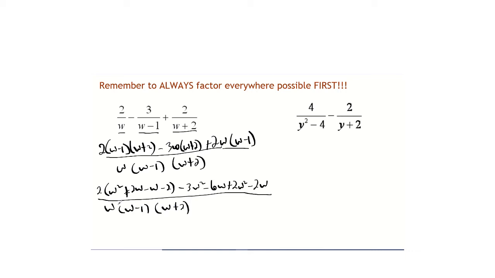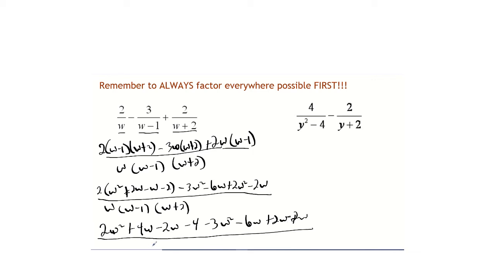I've got to multiply each of these by 2, so I've got 2w squared plus 4w, take away 2w, take away 4, take away 3w squared, take away 6w, plus 2w, oops, minus 2w, up here, still all over w minus 1, w plus 2.